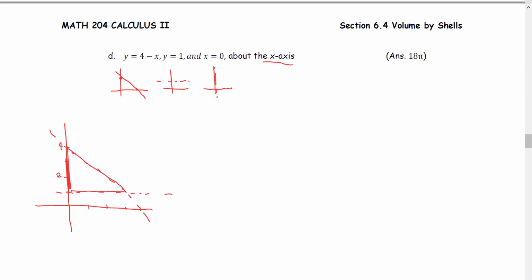The region bounded by these graphs has intersection points at 0, 4, and 3, 1, sorry, and 0, 1 right here. The axis of revolution is the x-axis.